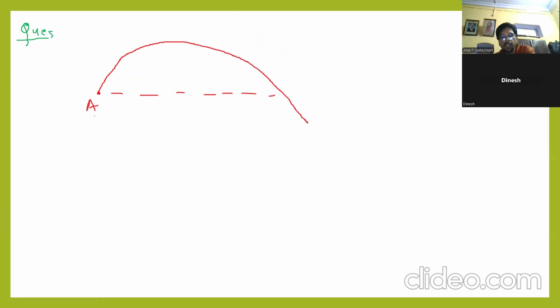If you are throwing a projectile with 10 meter per second, and this angle of projection is 30 degrees, then it is also 10. At the same position, velocity remains the same. That is what we have learned in projectile. Free fall is also the same level.